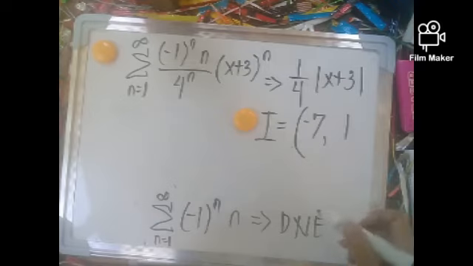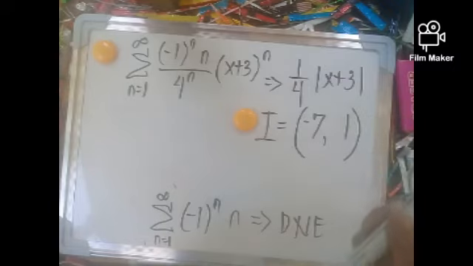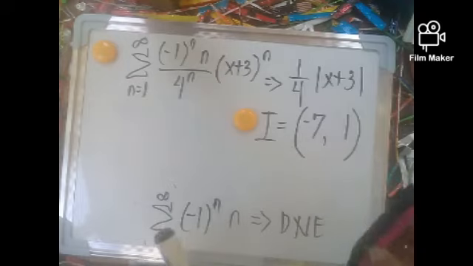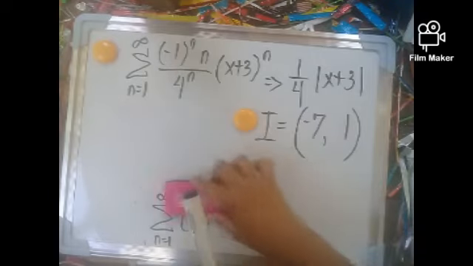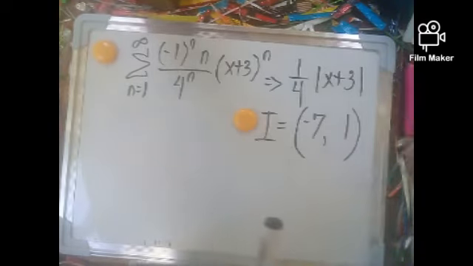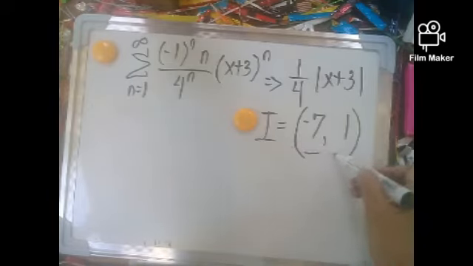So it doesn't exist. So it will also, no, it does not exist. It will not converge or diverge. Does not exist. So in this case, the power series will not converge for either endpoint.